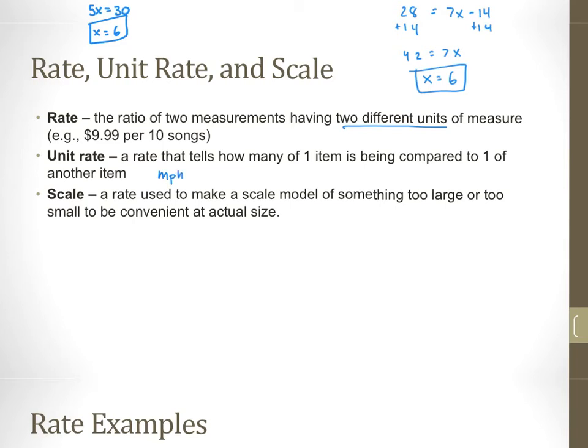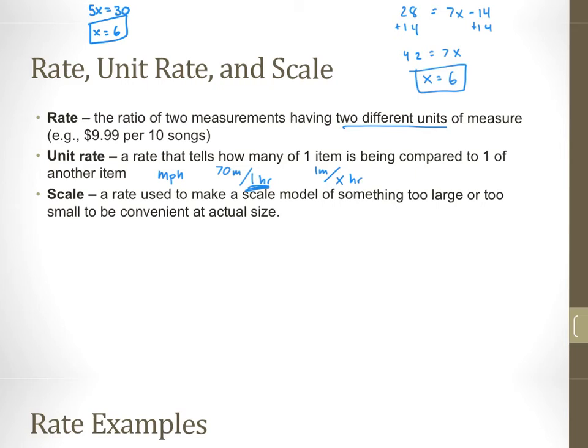So if someone goes 70 miles in 1 hour, you are comparing how many miles they went in 1 hour. Not 3 hours, not 2 hours, but 1 hour. Okay? Or the flip side, how many hours, if you had 1 mile, the question would be, how many hours would that have taken you to go 1 mile?